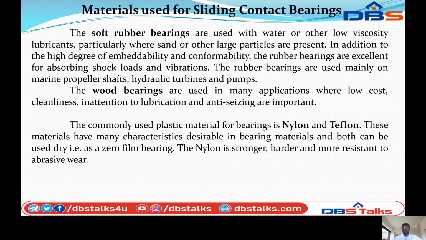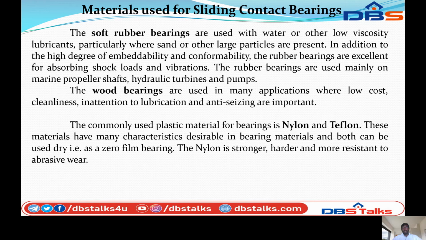So the soft rubber bearings are good at absorbing shock loads and vibrations. This type of bearing is used in marine propeller shafts, hydraulic turbines and pumps.